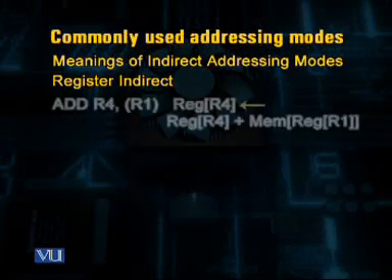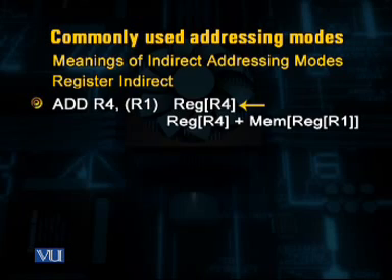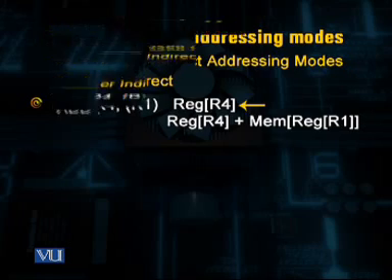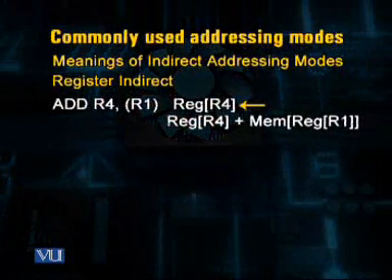That is, the instruction written as ADD R4, within parentheses R1. The value within round brackets R1 shows that it is the memory location. However, here I would like to tell you that in assembly language, anything which you enclose in round brackets always means the location of the memory.